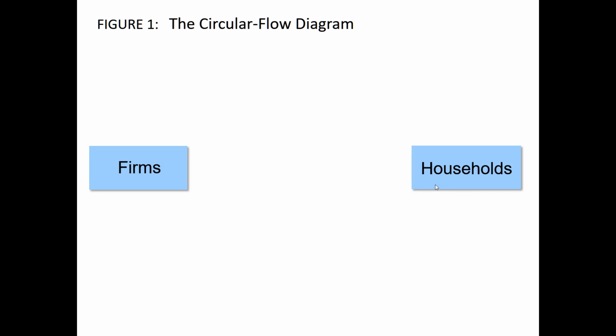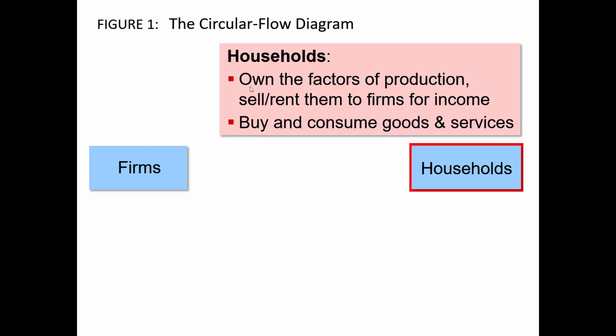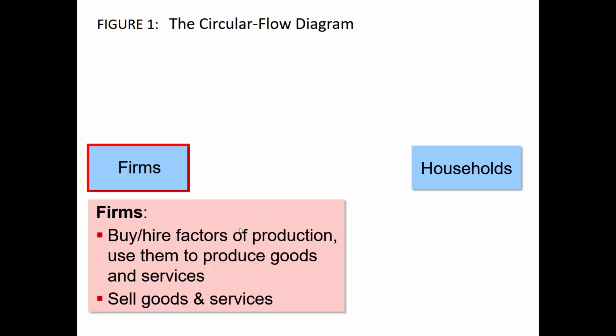So here we are. We have the households and you have the firms. The households own the factors of production. What do you do with your factor of production? You sell them or you rent them to firms, and in return you get income. Now the households also buy and consume goods and services. What about the firms? The firms hire factors of production and they use them to produce goods and services.